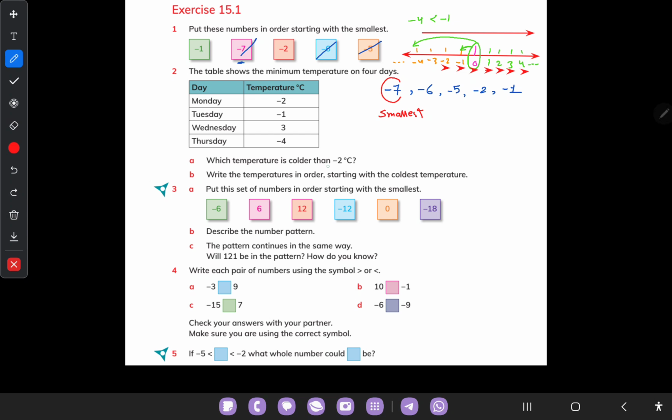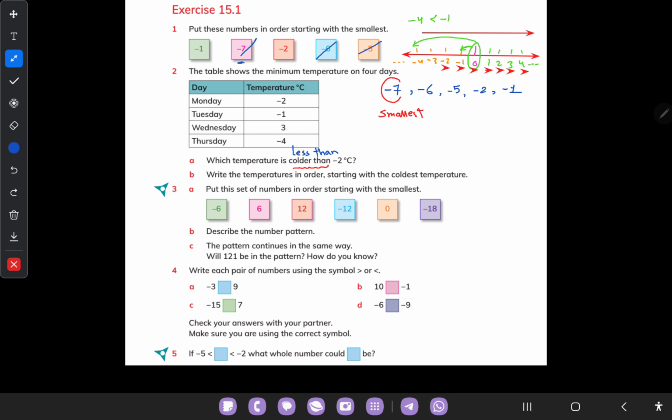Colder than negative 2 means that I want to search for a temperature that is less than negative 2. Less than negative 2, yes.